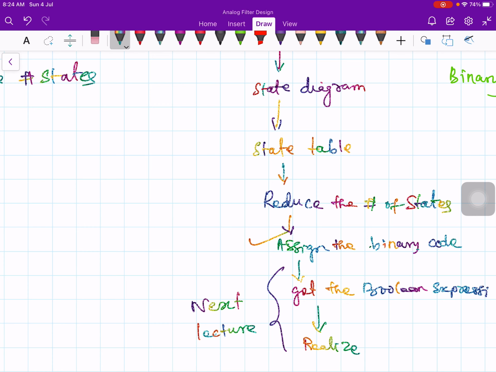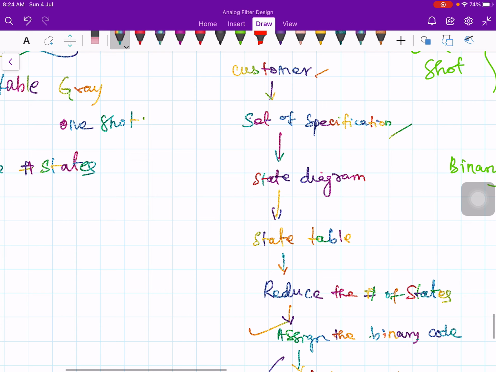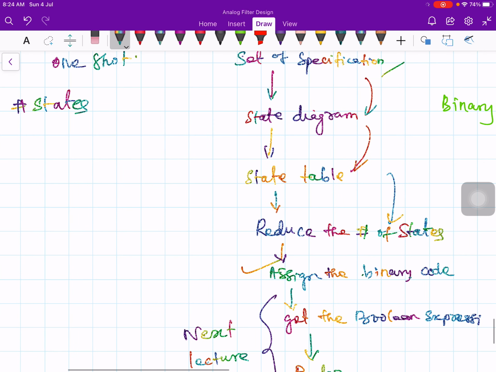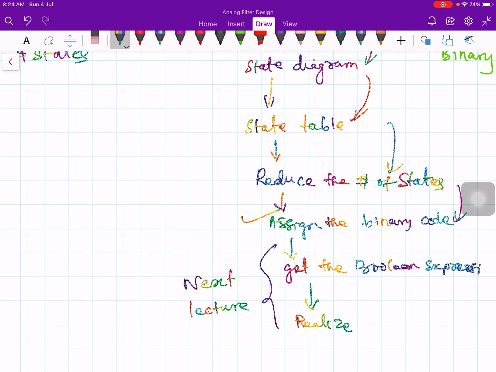Up to this we have discussed: we started with a set of specifications given by the customer, and from this we form the state diagram, and from this the state table, and then reduce the states, assign the binary code, and then get the Boolean expressions. From that you can realize the circuit. We will discuss in the next lecture how to design it.